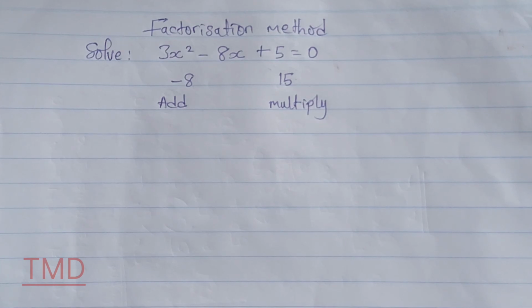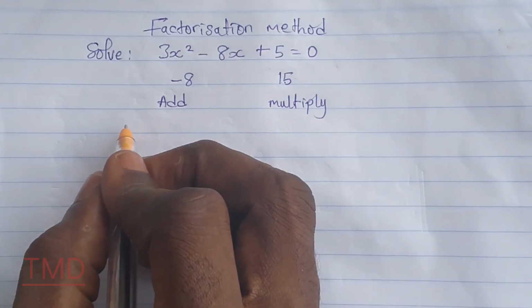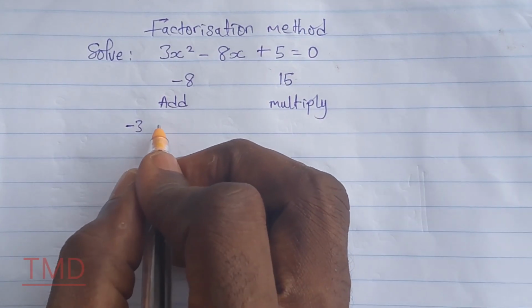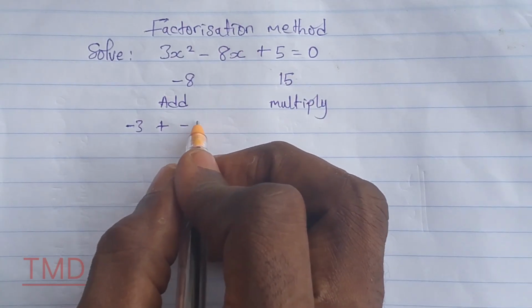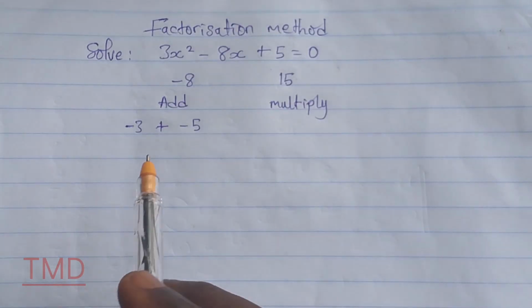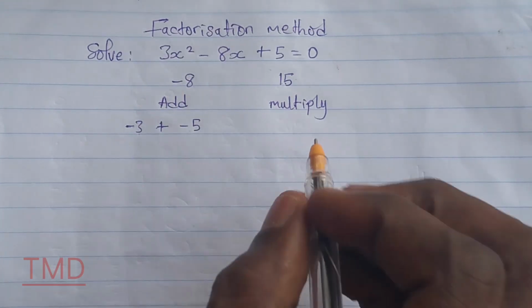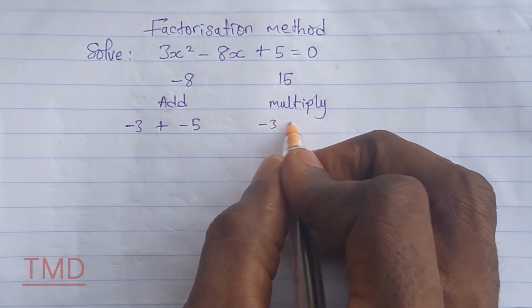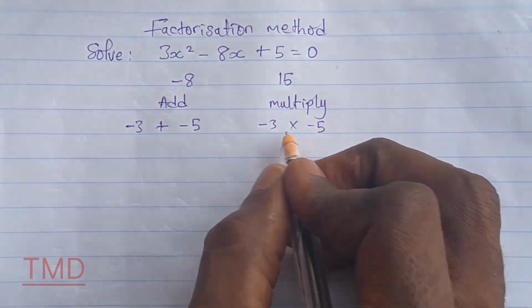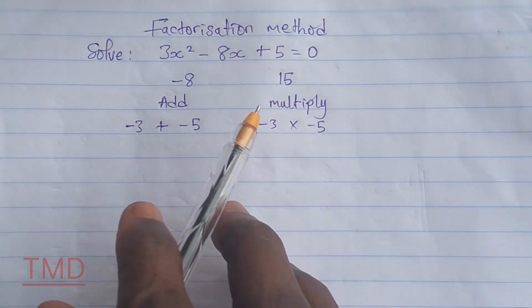What are these two factors? These two factors are minus 3 and minus 5. If we add minus 3 and minus 5, we get minus 8, and if we multiply them, we get plus 15.